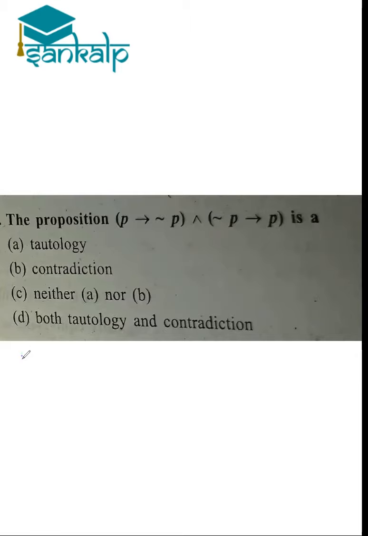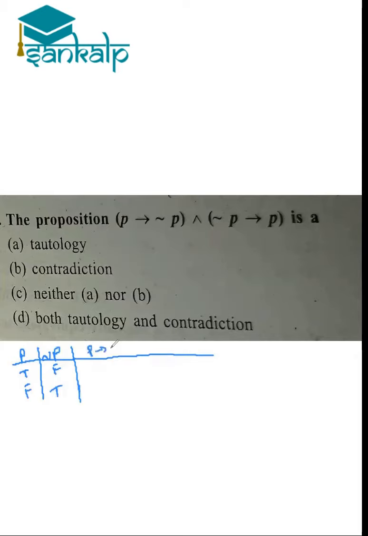So first I'll consider P and then negation of P. P has two values, T and F. So negation of P will be the opposite of T, that is false, and negation of F will be T.